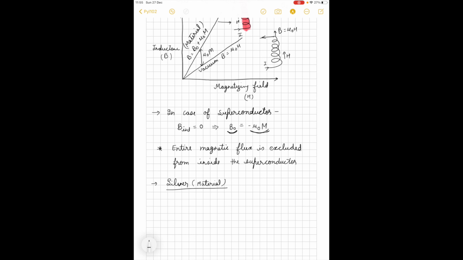So let's say the material that you're using is silver, so then what happens, the B internal, the internal induction inside the material, is smaller than B naught. It's slightly less than the externally applied field, which means that some of the flux is excluded from inside of the material.